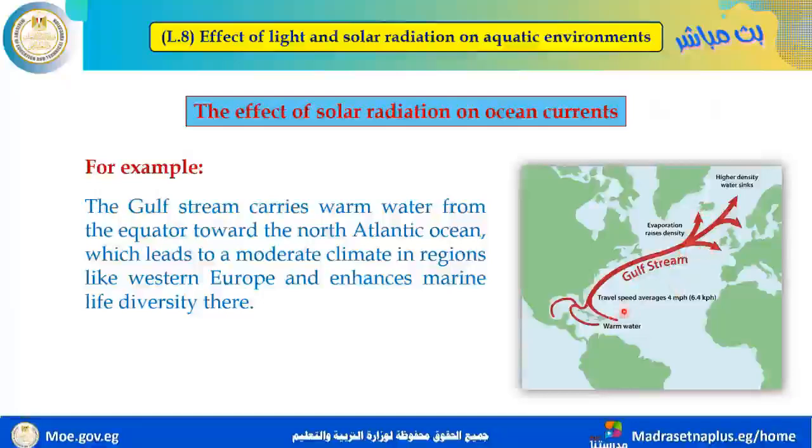Okay, so for the effect of solar radiation on ocean currents, for example, the Gulf Stream transfers what? The warm water from the equatorial area to the Atlantic Ocean, which leads to a moderate climate in regions like Western Europe and enhances marine life diversity.